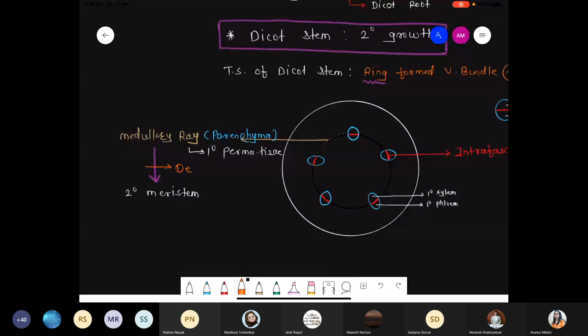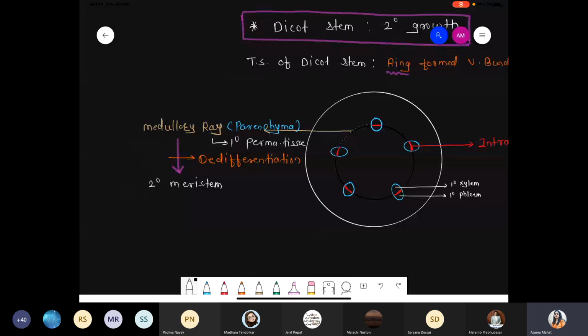That means they regain division capacity. They undergo de-differentiation and finally form secondary meristem. And please remember, whatever secondary meristem gets formed, that secondary meristem is simply called interfascicular cambium.